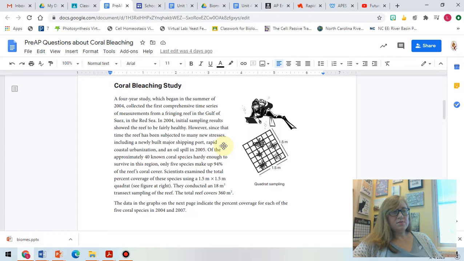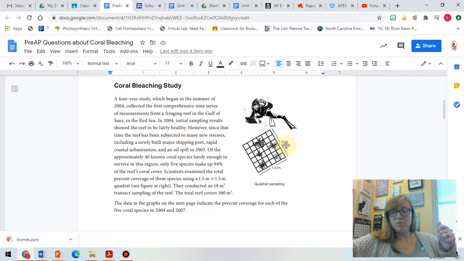I'm going to put up a really cool video for you that shows scientists using this kind of quadrat sampling technique to find different creatures. Now, this is usually used for sessile, non-moving, sedentary creatures. And the way it works is you measure out a length.